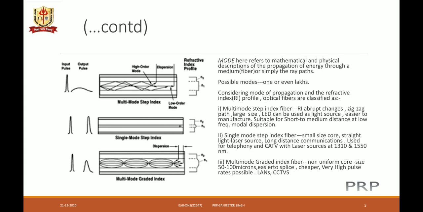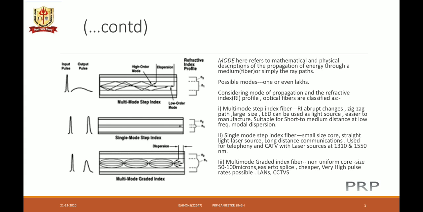By mode we mean the light ray path within the core of the optical fiber, or it refers to the mathematical and physical description of the propagation of energy through a medium fiber, or simply the ray paths. So there could be one mode, one path, or could be even 1 lakh paths possible within the multi-mode fiber.